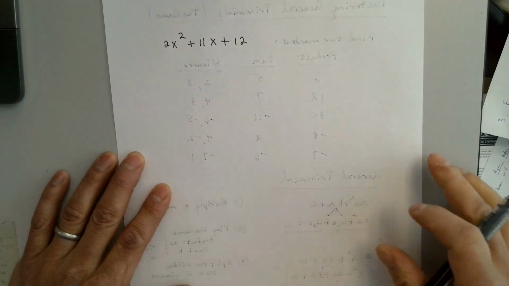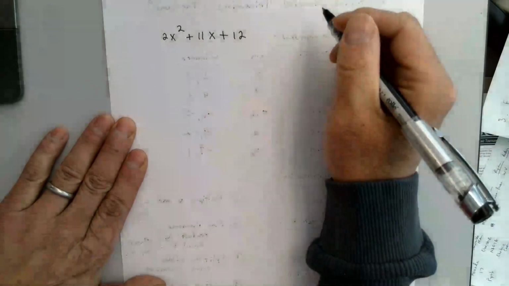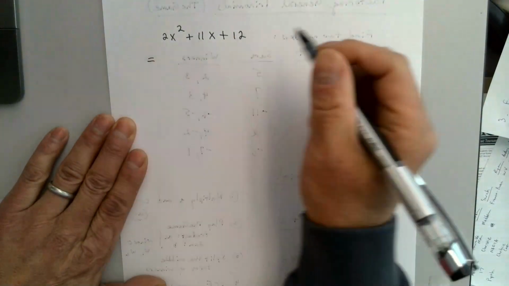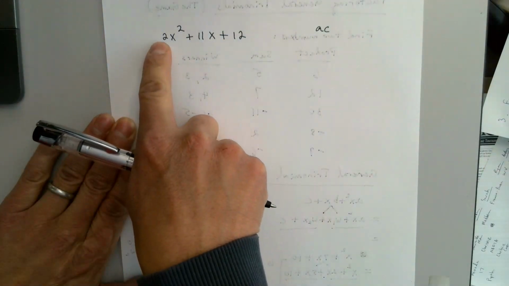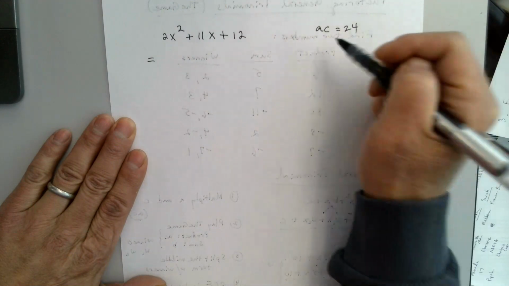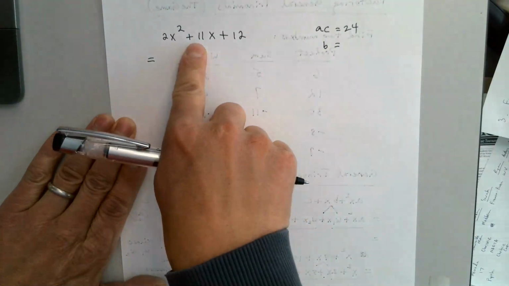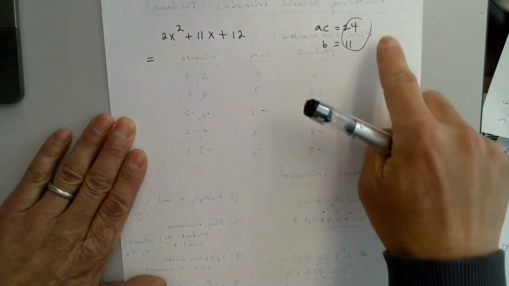Two x squared plus 11x plus 12. Okay, my first step is to find what AC is. A is 2, C is 12, AC is 24. B is 11. Okay, so now I'm playing the game with 24 and 11.